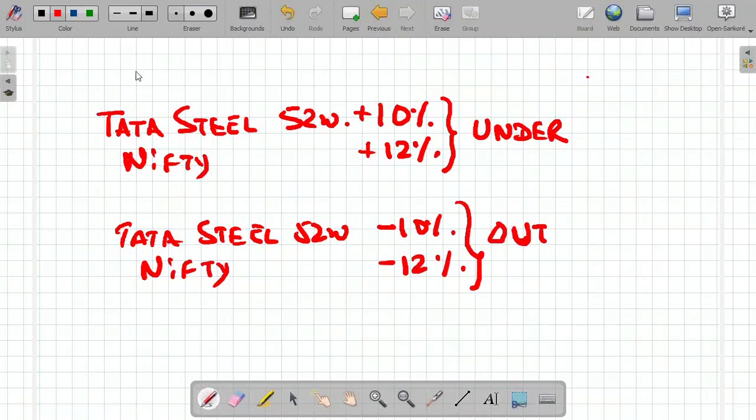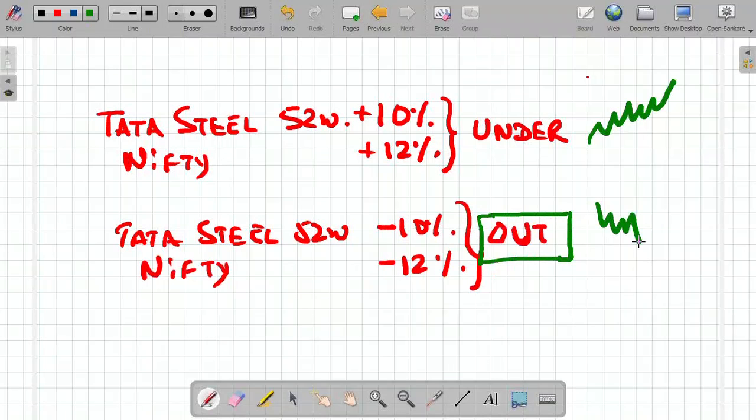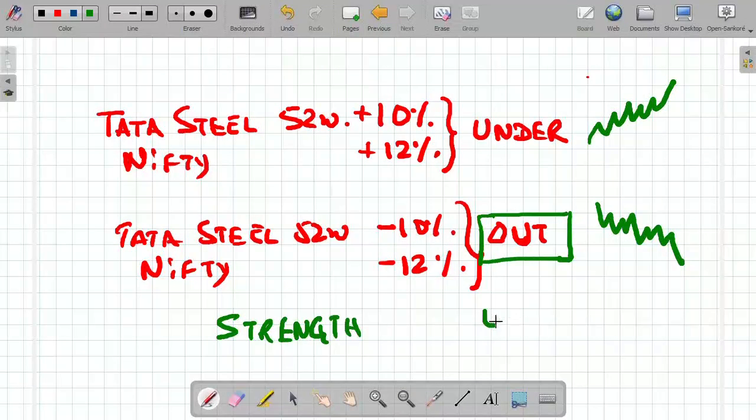You'll be more keen to know which are the stocks which are outperforming the market, be it a rising market or a falling market. We would like to know where the strength lies, and we would like to stay away from the weakness.